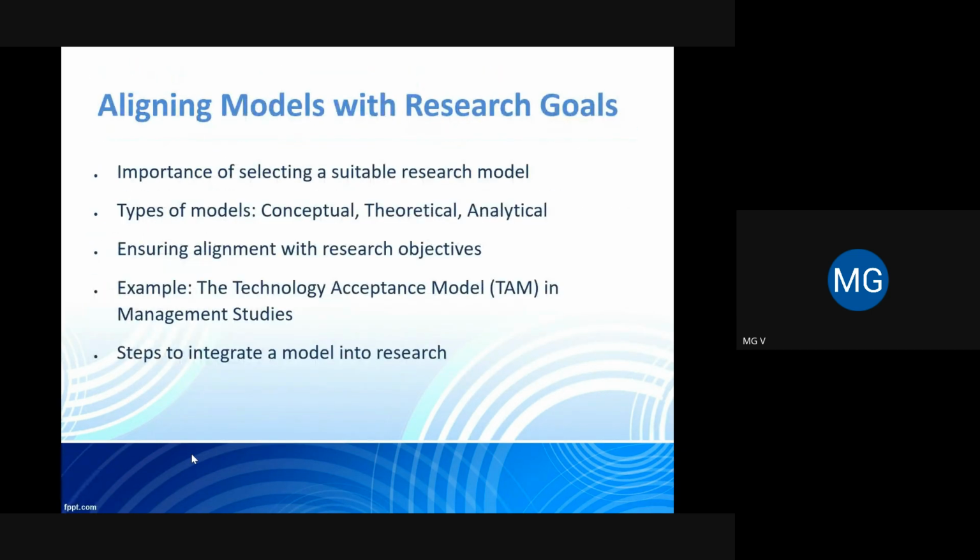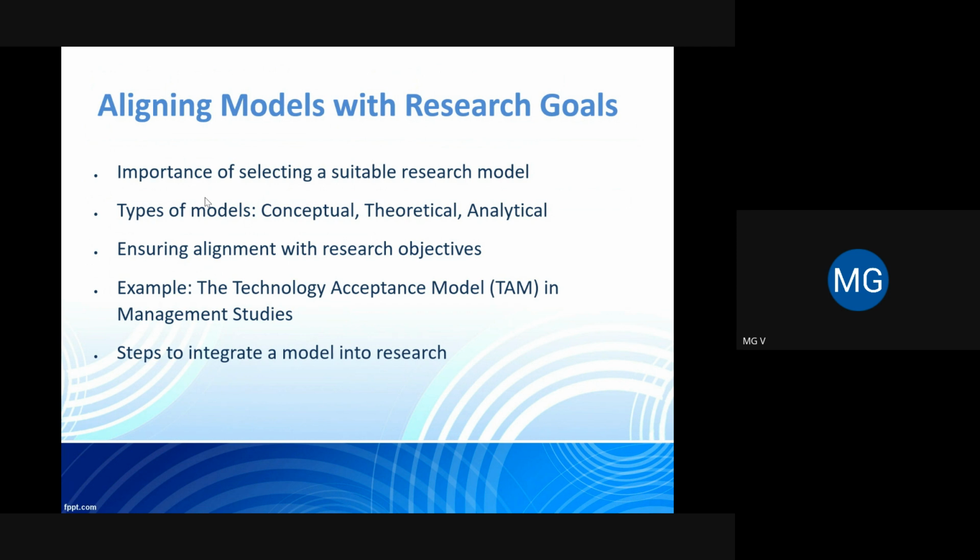After this, we have gone through the concept of aligning models with research goals, where we have discussed the importance of selecting a suitable research model, types of models: conceptual, theoretical, analytical, ensuring alignment with research objectives, and then the example. The example that we have discussed was of TAM, that explains users' adoption of new technologies in organizations.